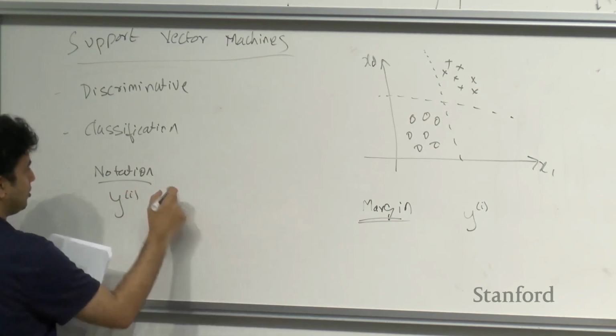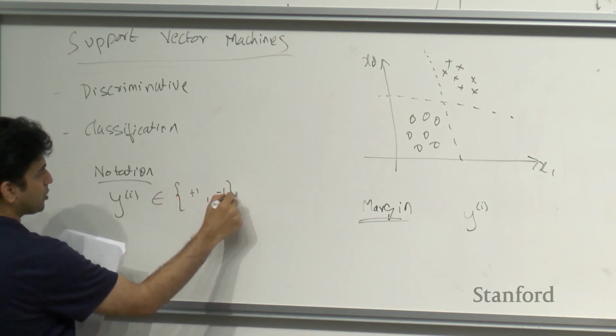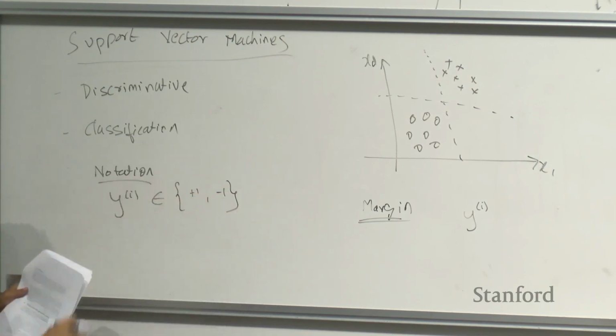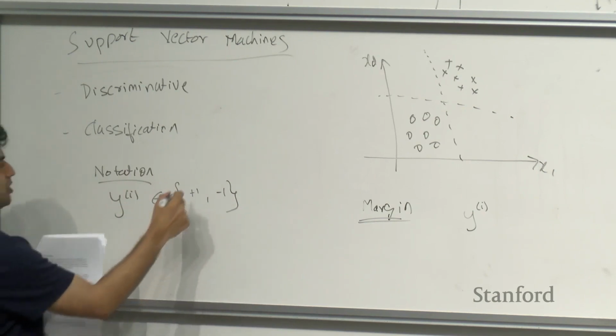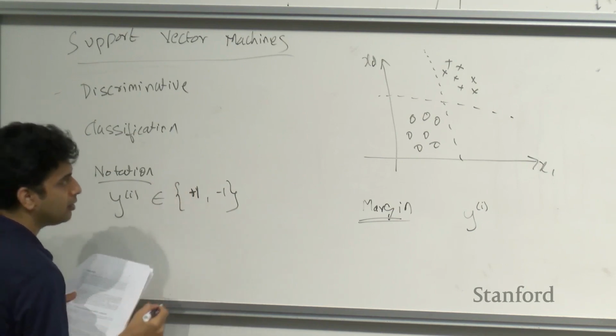For this lecture alone, think of it as being in +1 or -1 instead of 1 and 0, just because it's going to make the notation a little simpler. But this is just a superficial change. Nothing fundamental changes.